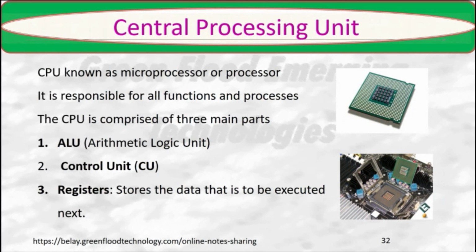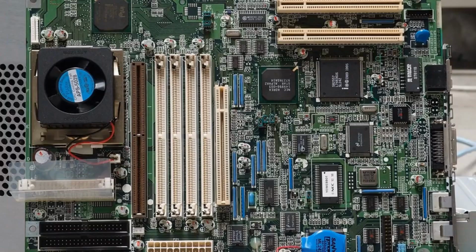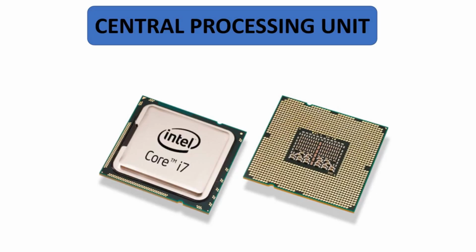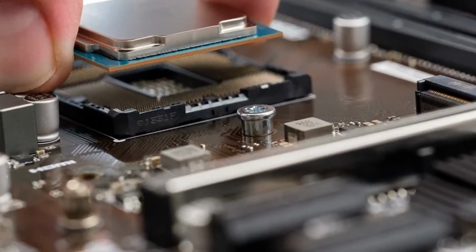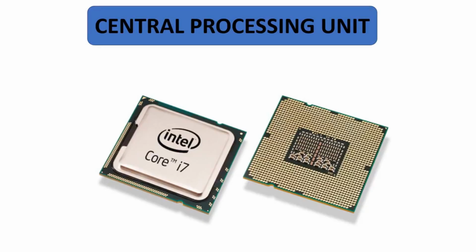The other is the central processing unit, or CPU. The central processing unit is responsible for all functions and processes, or control over all performance of the computer. CPU work ranges from the simplest thing to the complex thing.